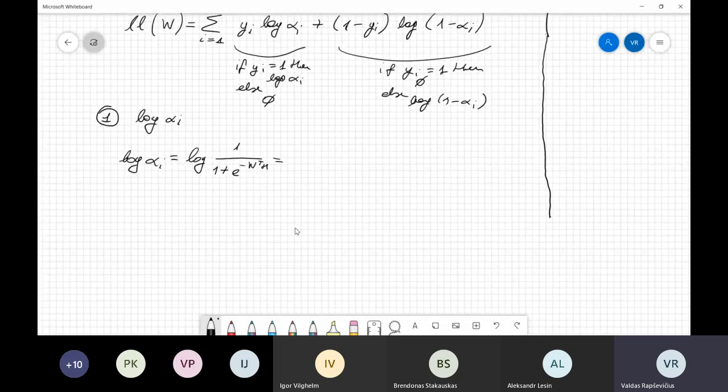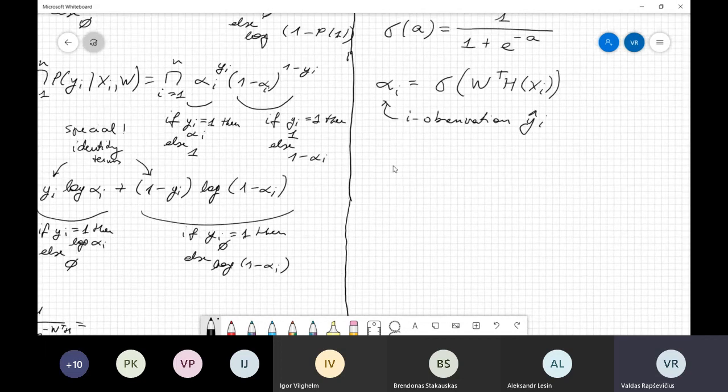But now we have a logarithm of a quotient, a logarithm of a division, and we can simplify it.